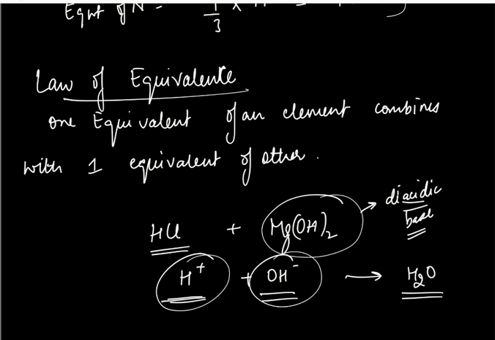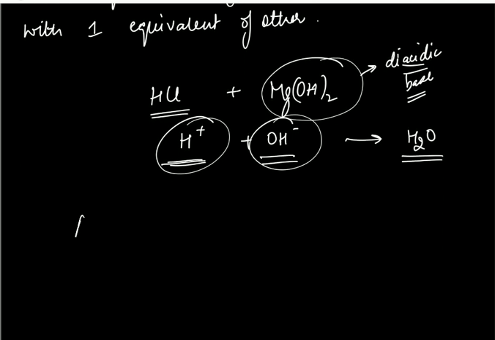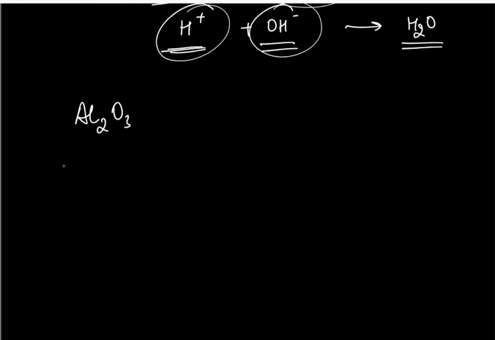Now one more example, we'll take aluminium oxide. The equivalent weight of aluminium we need to calculate specifically in aluminium oxide. This is also called alumina. So how can we calculate? We know that 1 mole of oxygen contains 2 equivalents of it.